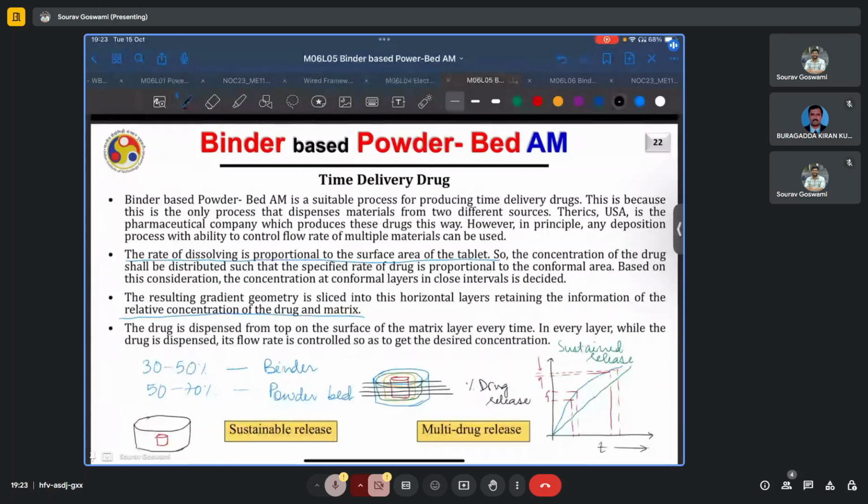Its characteristics can look something like this. Initially you can have drug 1, and once this starts to almost saturate or ends, you have the release of drug 2.